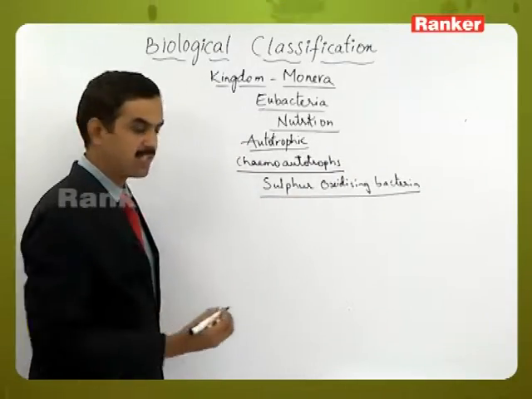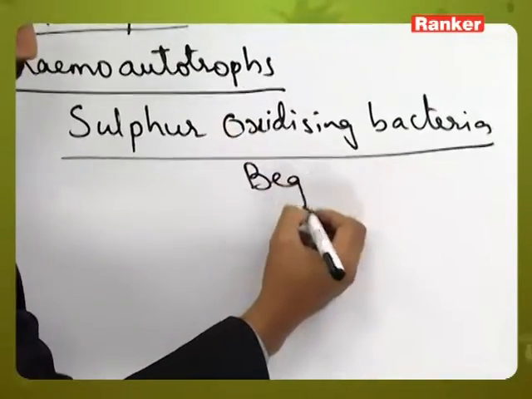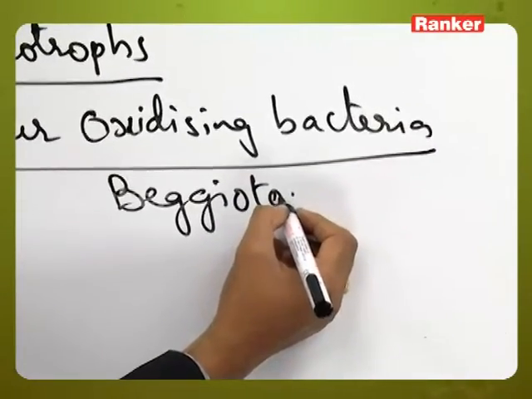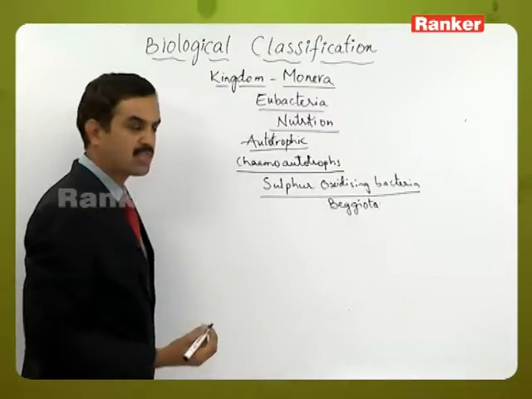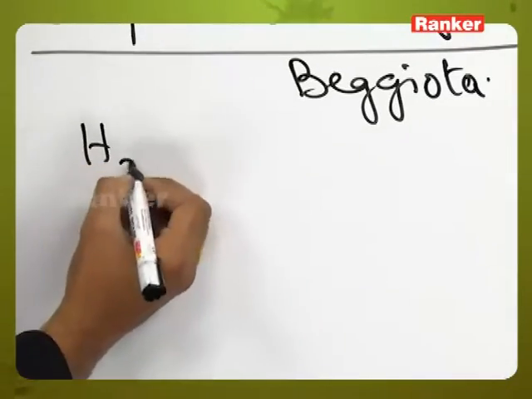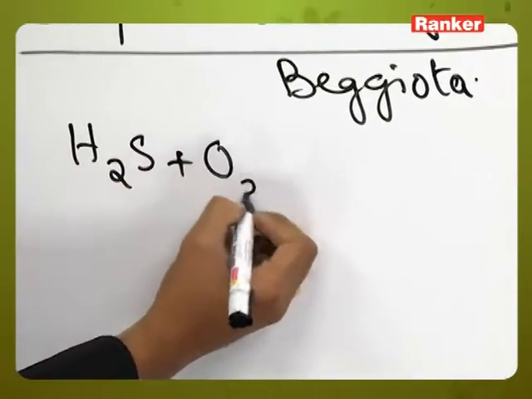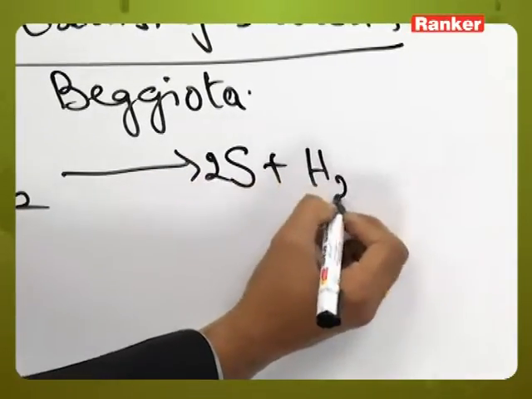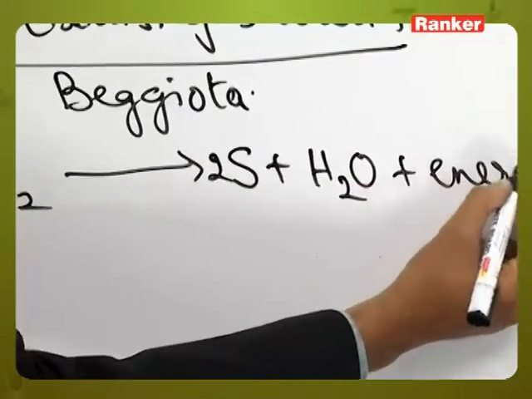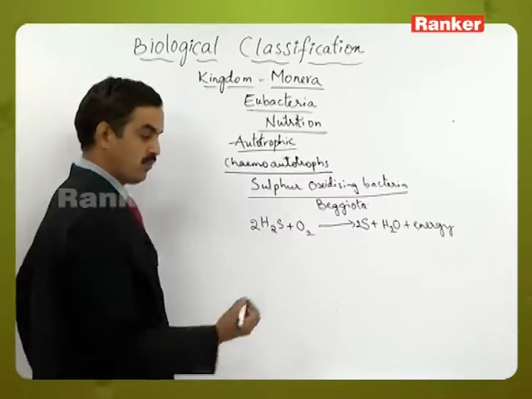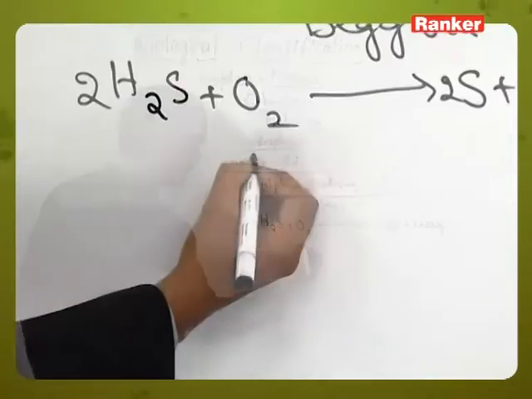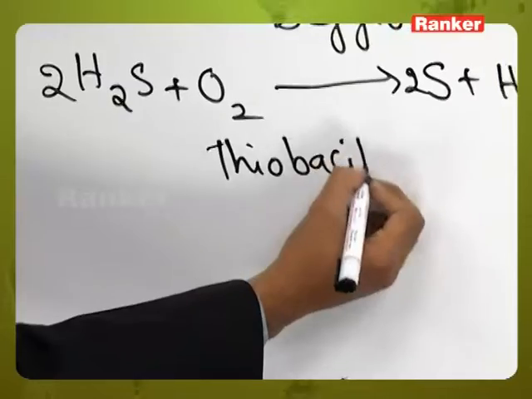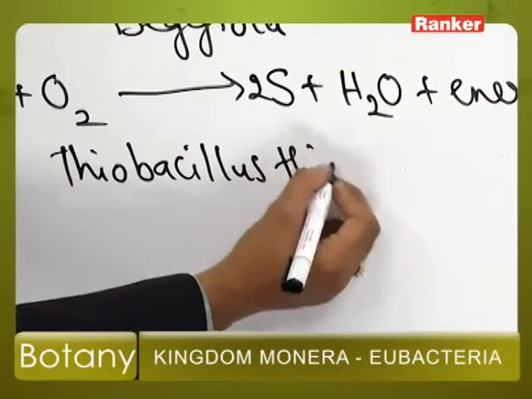One example of sulfur oxidizing bacteria is Beggiatoa. Beggiatoa is a bacterium which oxidizes hydrogen sulfide and converts it into molecular sulfur, releasing some energy. And one other is Thiobacillus thiooxidans.